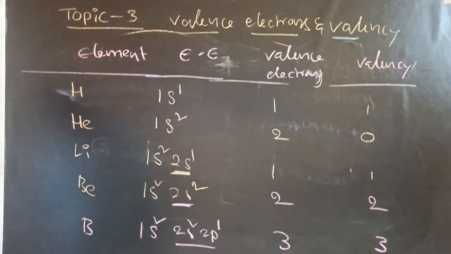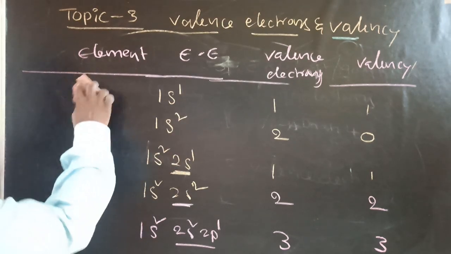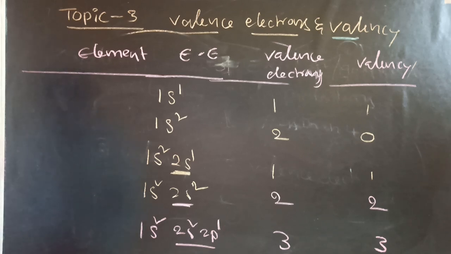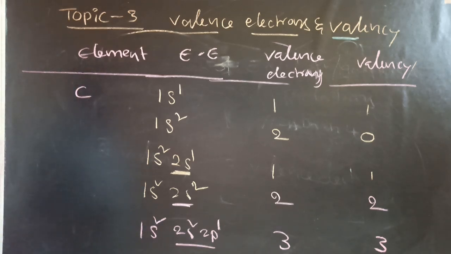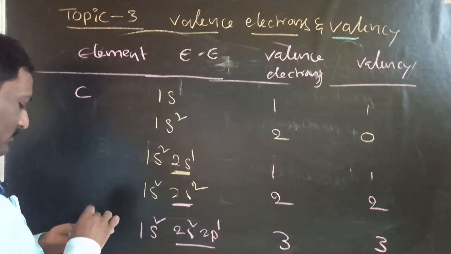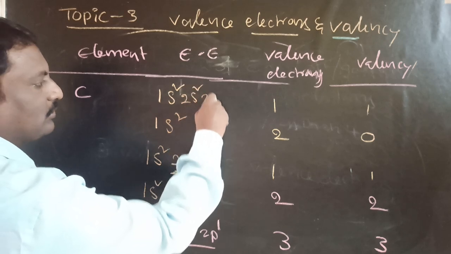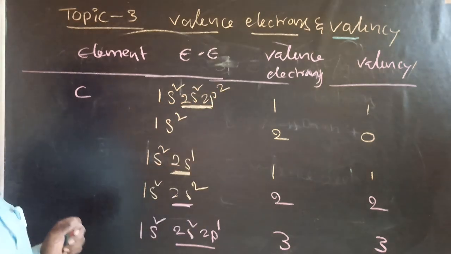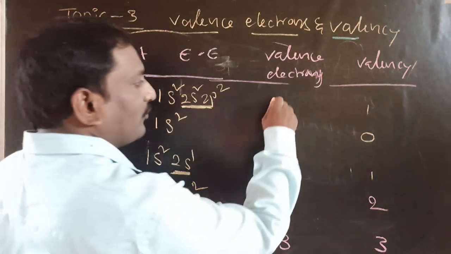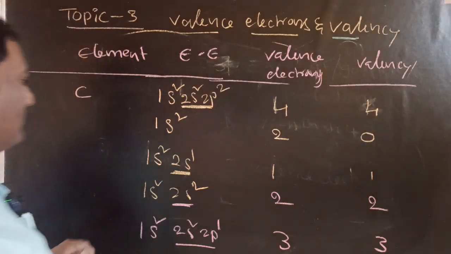Now let us write carbon. Carbon, atomic number 6, electronic configuration 1s2, 2s2, 2p2. This one is the valence shell, 4 valency electrons, valency also 4.